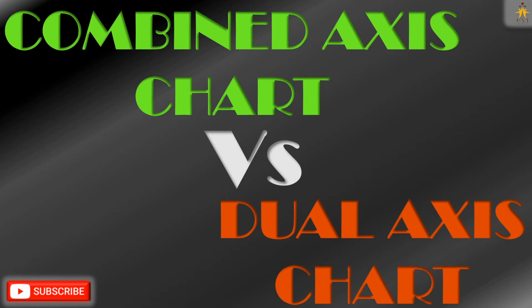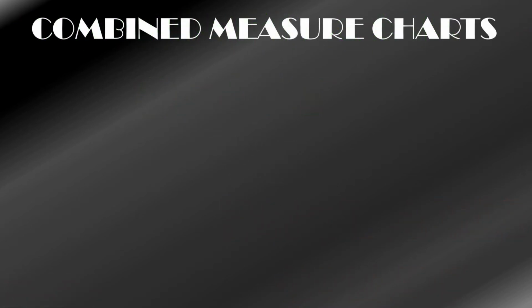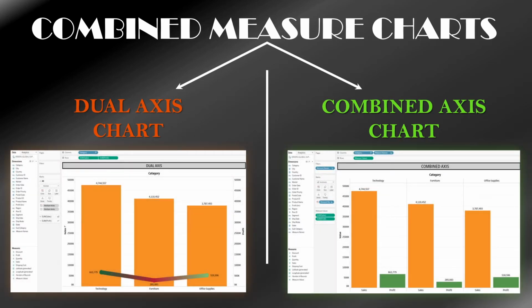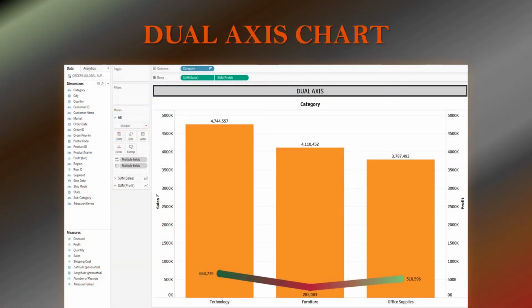In Tableau, we can create charts that are able to compare multiple measures simultaneously, and these charts are dual axis and combined axis chart. By seeing the picture, you can visualize a bar chart and a line chart together on the same axis, where by seeing marks, you can easily find that the bar chart represents sales and the line chart represents profit from each category.